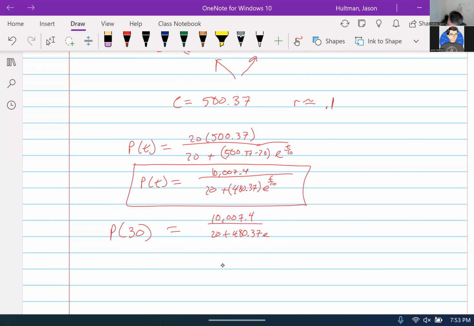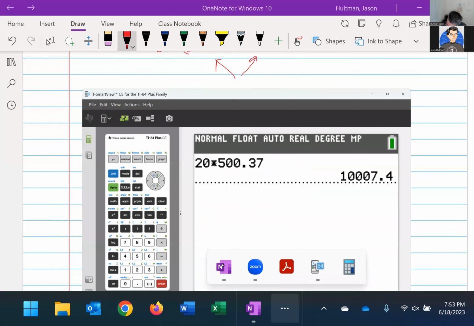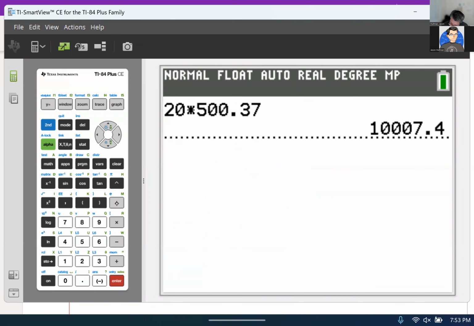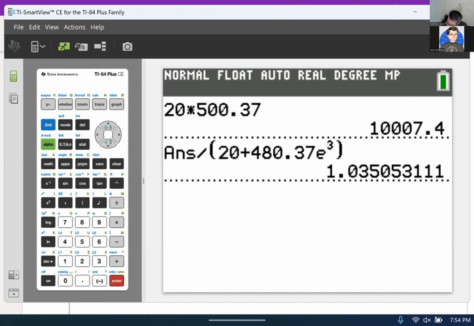Just plug in 30 over 10 is 3, and then plug that into a calculator. Let's see what we get.